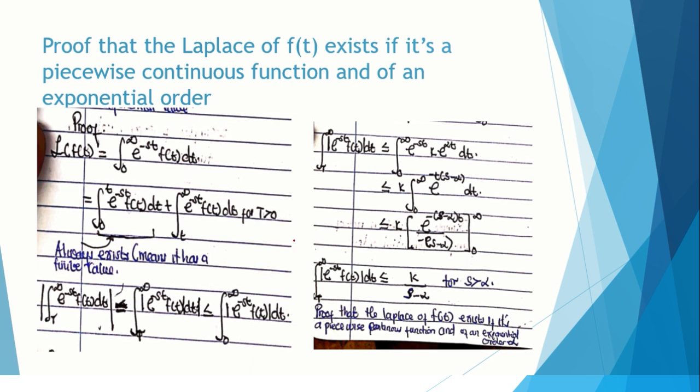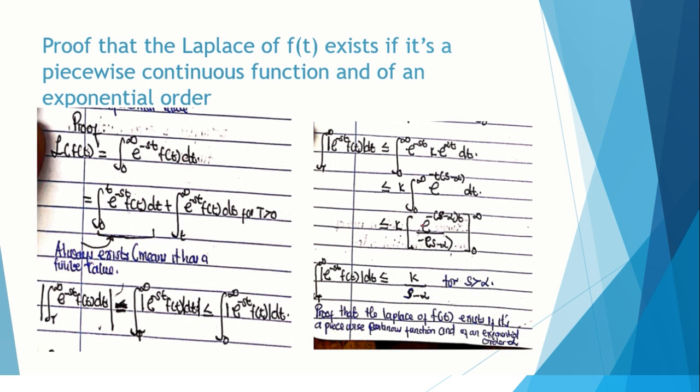Then we go on and put in the value of f(t). It is the constant k times e^(αt) dt. When we pull out the k, remember it is still less than or equal to k times the integral from 0 up to infinity of e^(-t(s-α)) dt.